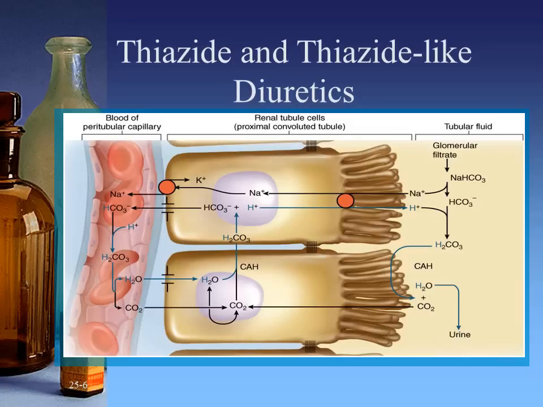So that is a huge downside of people who are on thiazide diuretics. One of the things we do need to make sure we tell them is that they're going to need to watch it and probably move from a sitting to a standing or a lying to a standing position more slowly than they used to do. They may also have an issue with kneeling or squatting for any period of time.